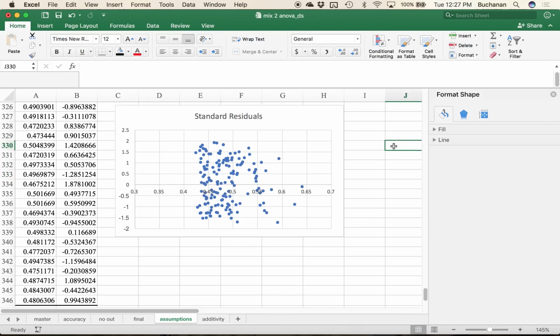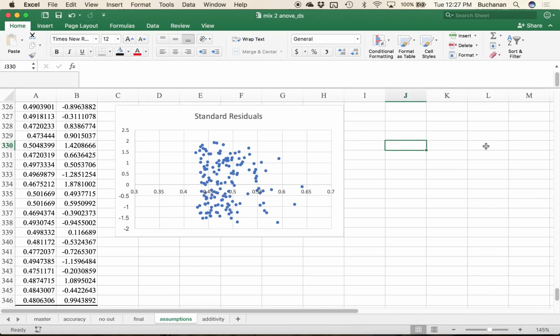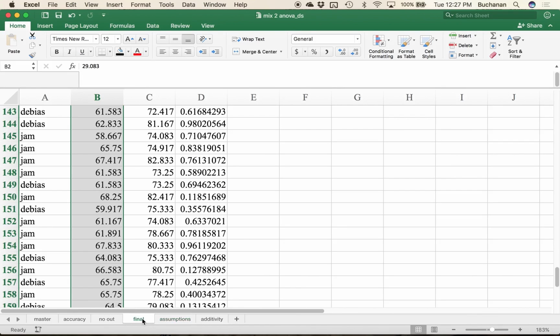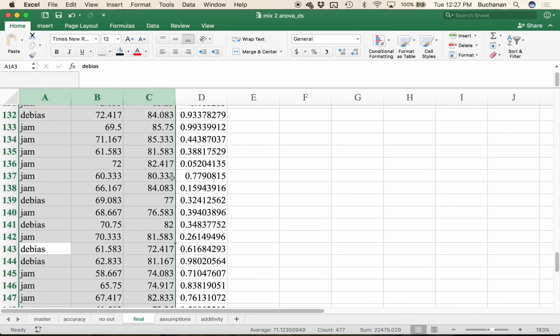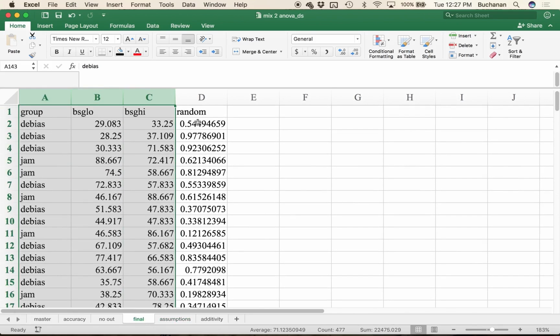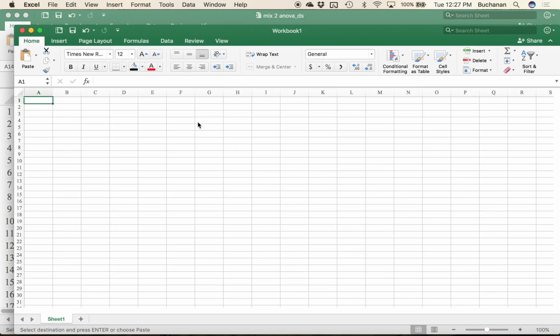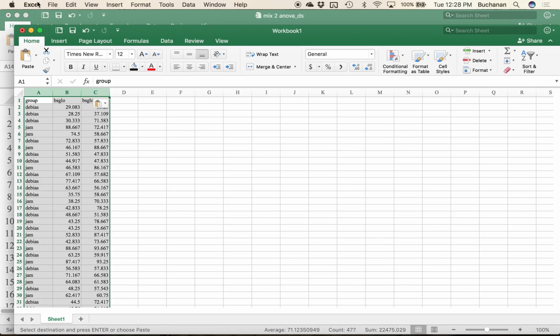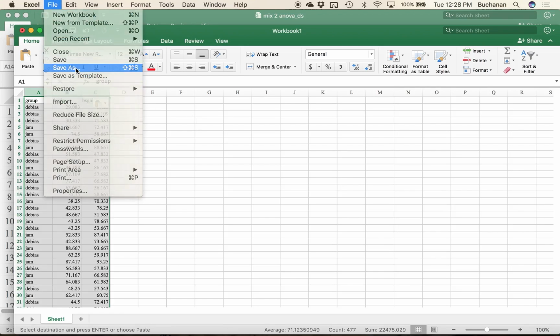All right, so I'm going to save my Excel chart here. I'm going to take my final data, so the first column's not the random column here. I'm going to copy that. Create myself a new data set, so paste, and save that. So file, save as.